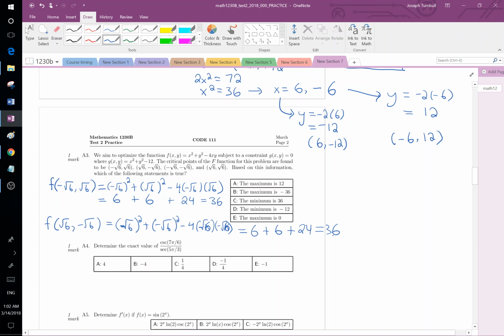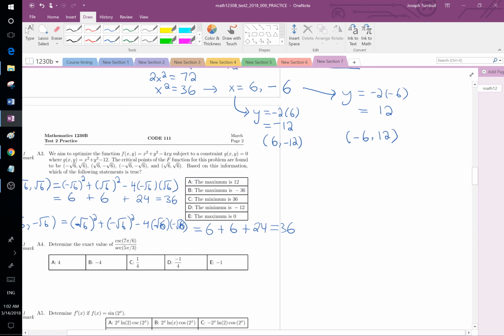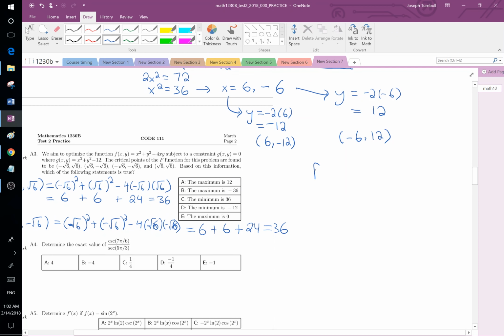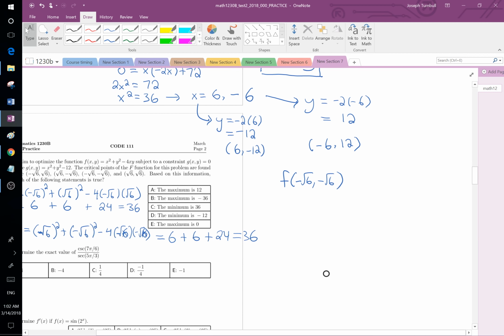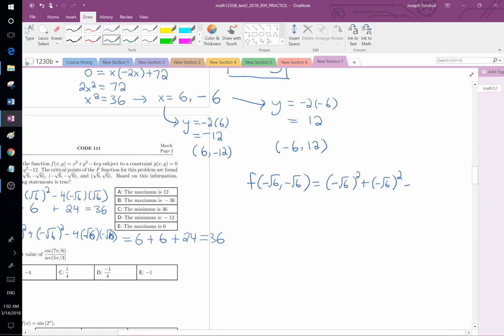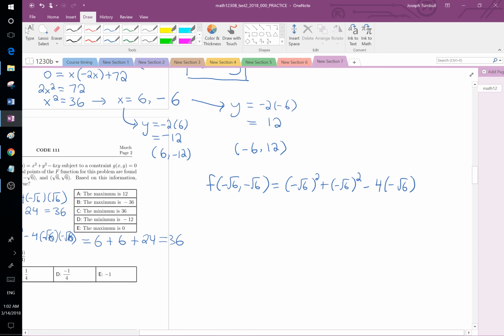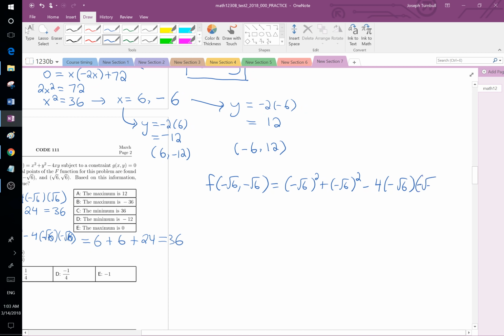Now we try the other 2 points. So our function evaluated at negative root 6, comma, negative root 6. So that's going to be negative root 6 squared plus negative root 6 squared, and then minus 4 times negative root 6 times negative root 6.